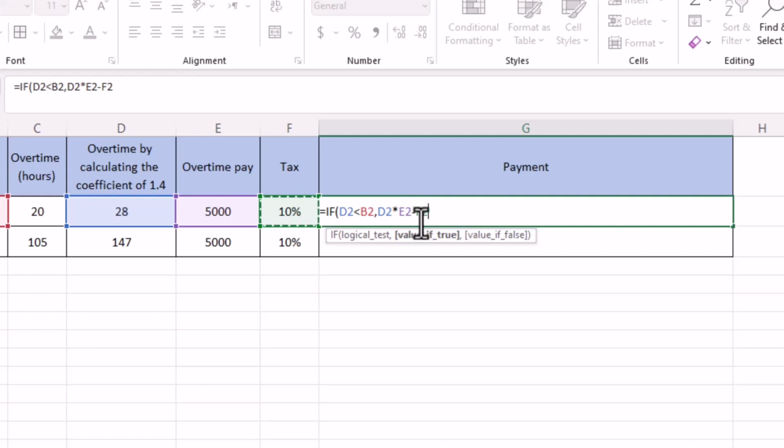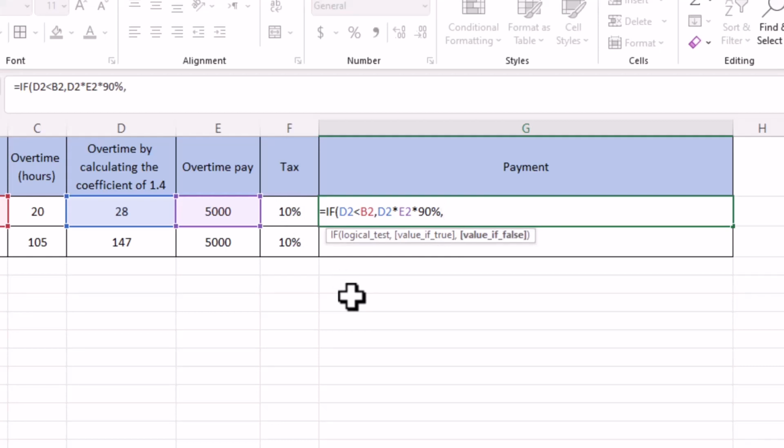Well, my friends, there is a point here. We shouldn't write minus 10% here. Here, we have to write multiplied by 90%. That is, 90% of this money is calculated for you, and 10% is its tax.